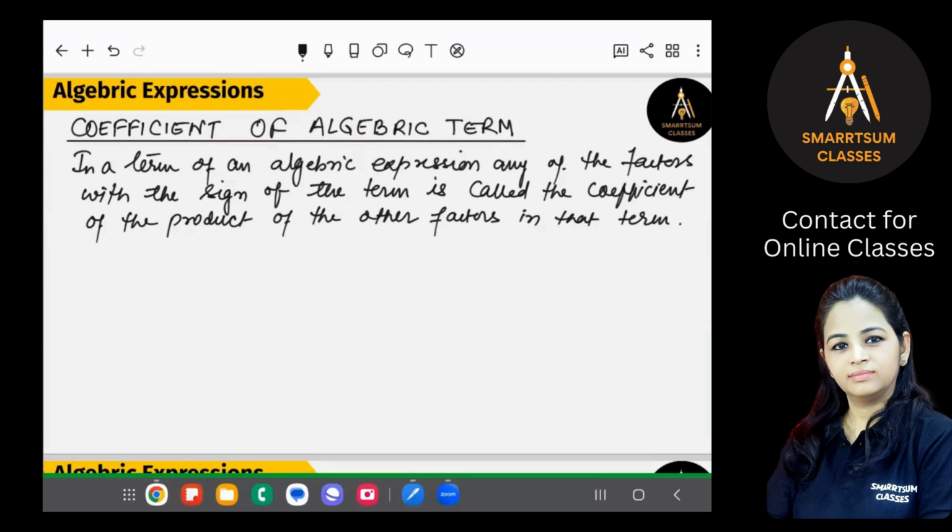Okay. So now let's see what is the meaning of coefficient of an algebraic term. As we have seen what the factors of an algebraic term are in the earlier part, now let's see what the coefficients of an algebraic term are. In a term of an algebraic expression, any of the factors with the sign of the term is called the coefficient of the product of the other factors in that term.